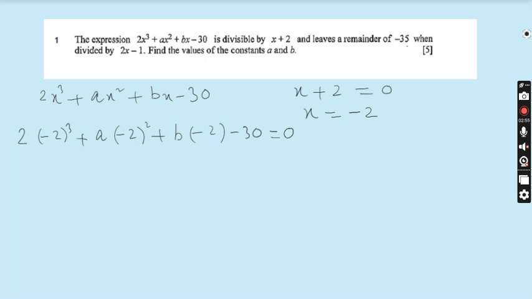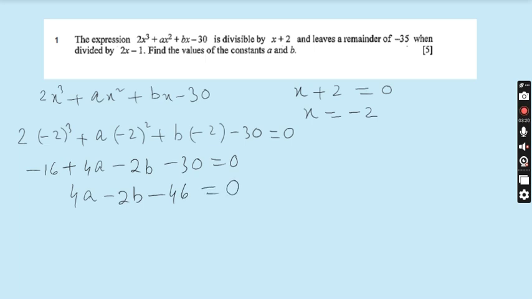Simplify this equation. Minus 2 cube is minus 8, minus 8 plus minus 2 square is 4, 4 into a is 4a, minus 2b minus 30 is equal to 0. 4a minus 2b minus 46 is equal to 0.